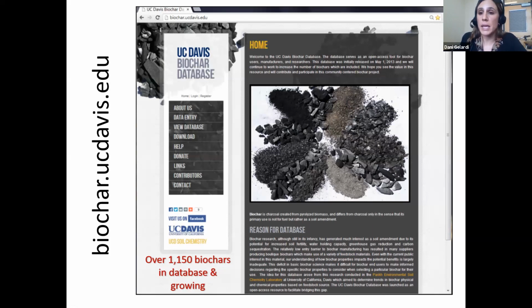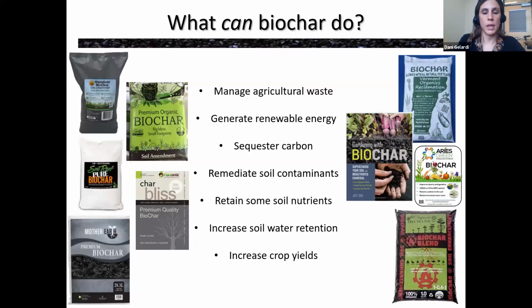This is a database run by Dr. Sanjay Parikh, which is continually growing. Right now, there's about 1,150 biochars, and there's a tool there where you can actually select a temperature and a feedstock to get a sense of what biochar parameters may come out of that. So it's a very useful tool for anyone interested in making biochar or choosing a biochar for their own system.